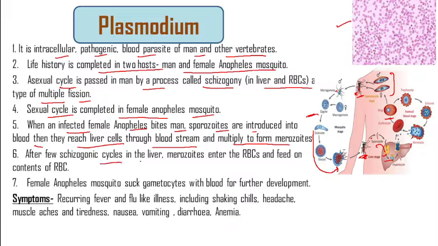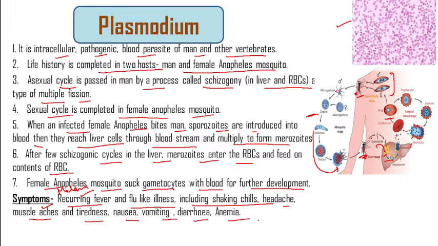After a few schizogonic cycles in the liver, the merozoites enter the RBCs and feed on the contents of RBCs. The female Anopheles mosquito sucks the gametocytes with blood for further development. Symptoms of malaria are recurring fever and flu-like illness including shaking, chills, headache, muscle aches and tiredness, nausea, vomiting, diarrhea and anemia.